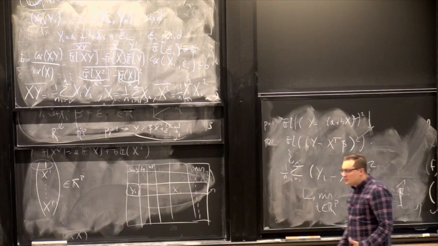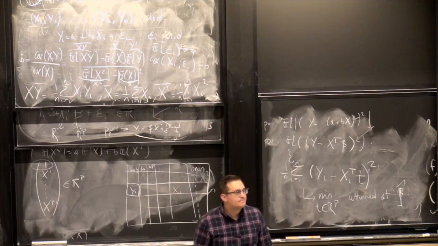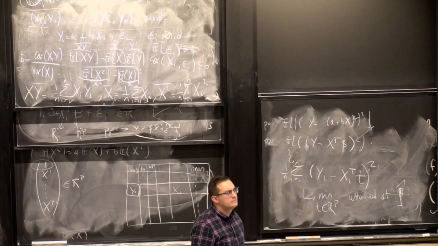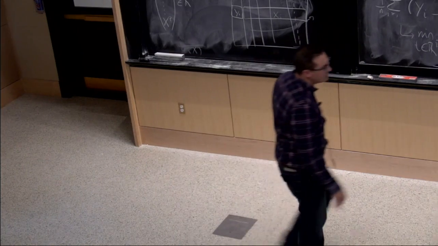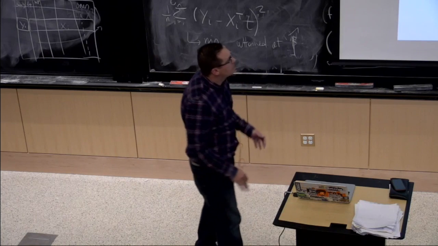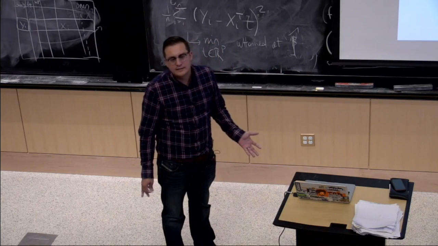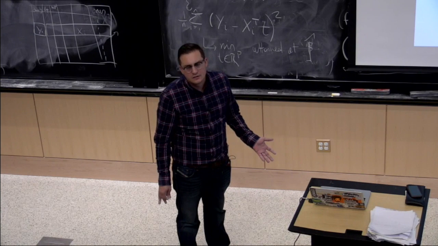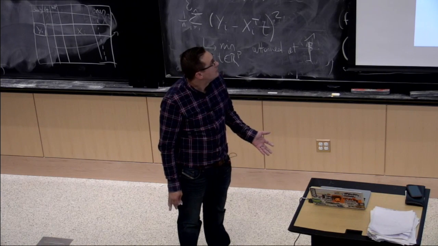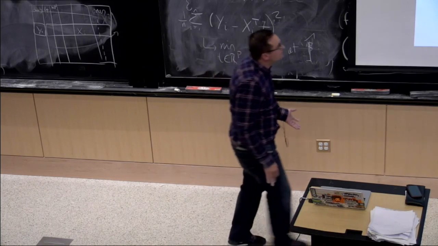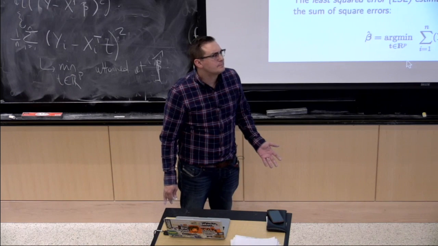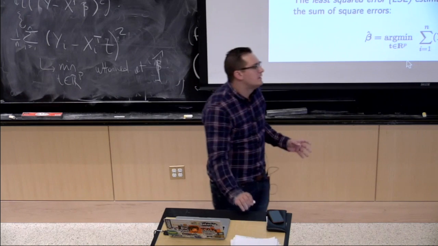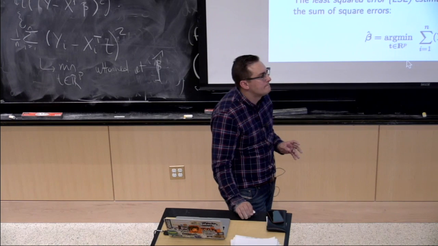Sorry, on the last slide, do we require the expectation of the noise terms to be 0? You mean the previous slide? Yeah. Again, I'm just defining an estimator, just like I could tell you to take the estimator that has coordinates 4 everywhere. In the model, we said we want the noise terms to satisfy the covariance with xi being 0. We also want the expectation of each noise term to be 0.